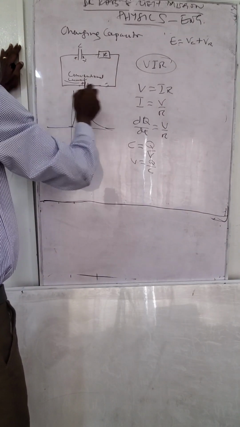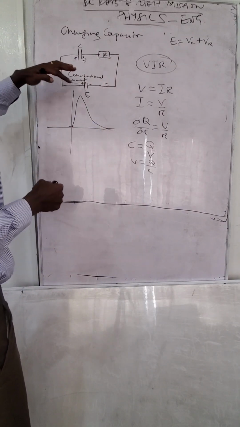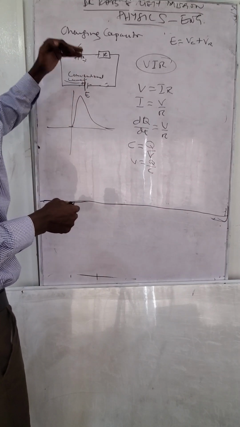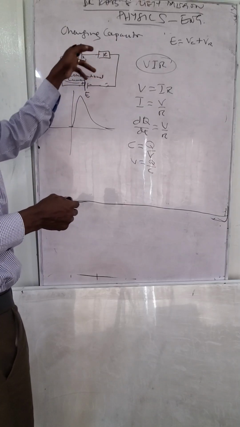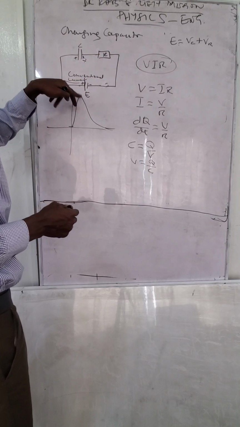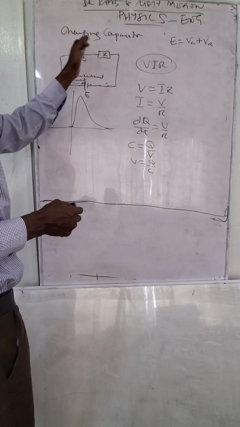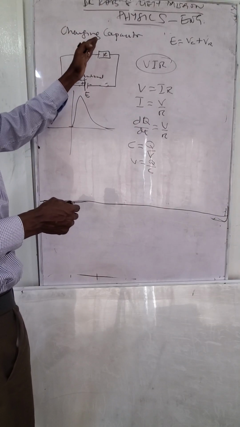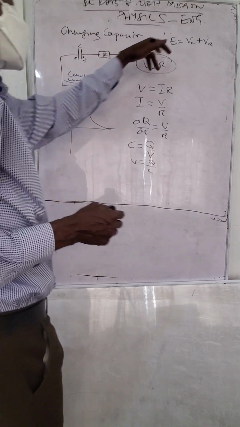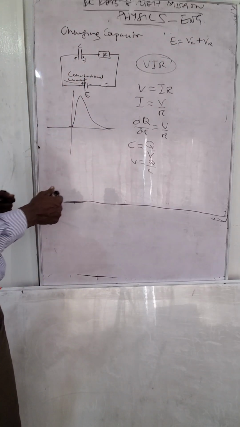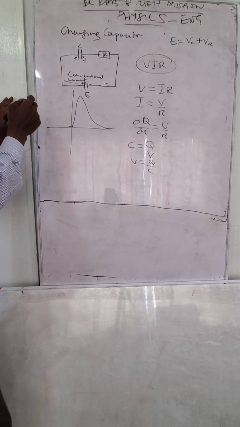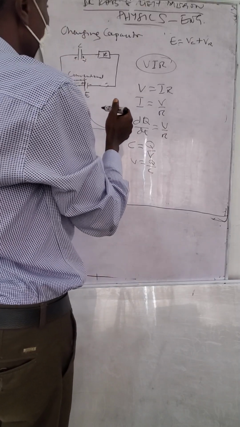Because for a closed circuit, the EMF should be equal to the voltages across the various components in that circuit. This EMF gives all of them their potential differences, so the source must be equal to whatever happens in the closed circuit. That's one of Kirchhoff's laws.